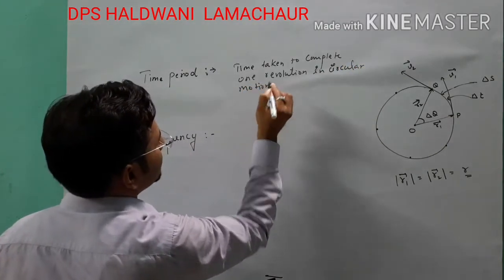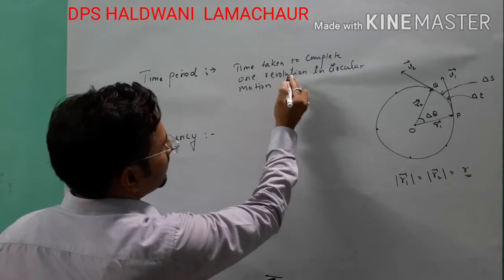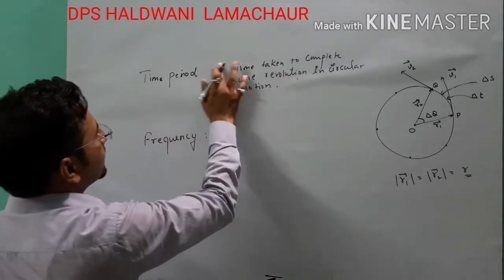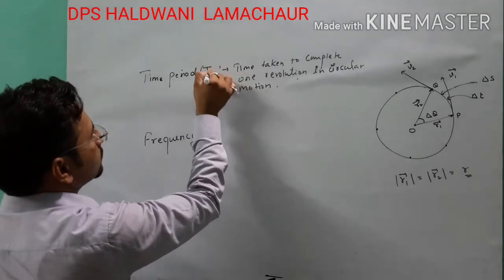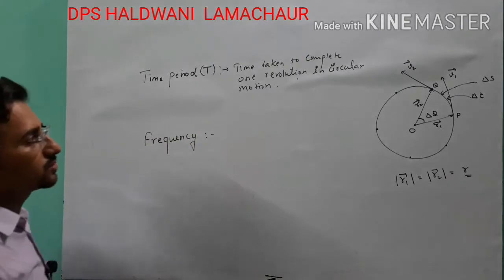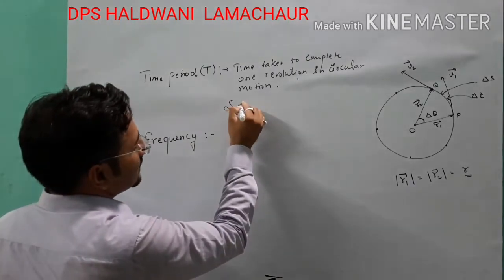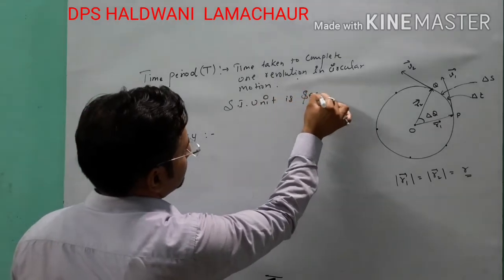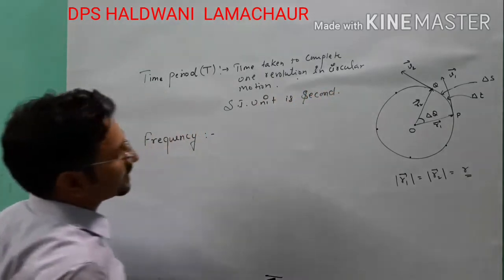You can define it like that, and it is denoted by capital T. Because we are talking about time period, its SI unit is second. Point is clear, student?